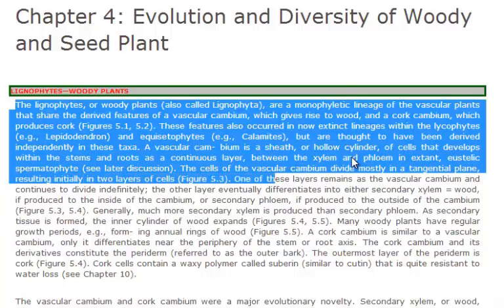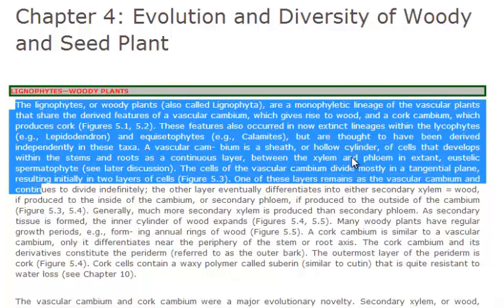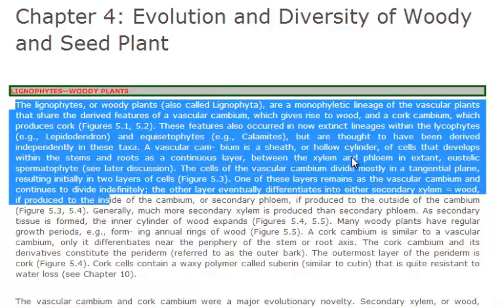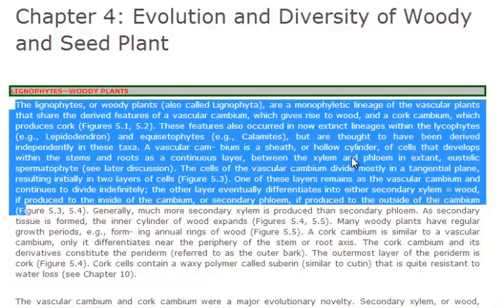Figure 5.3. One of these layers remains as the vascular cambium and continues to divide indefinitely. The other layer eventually differentiates into either secondary xylem, wood, if produced to the inside of the cambium, or secondary phloem if produced to the outside of the cambium. Figures 5.3, 5.4.